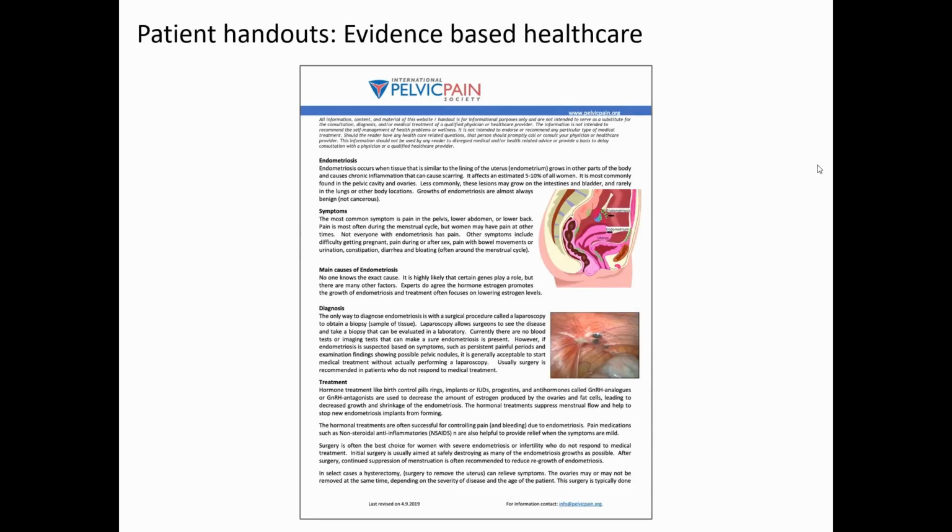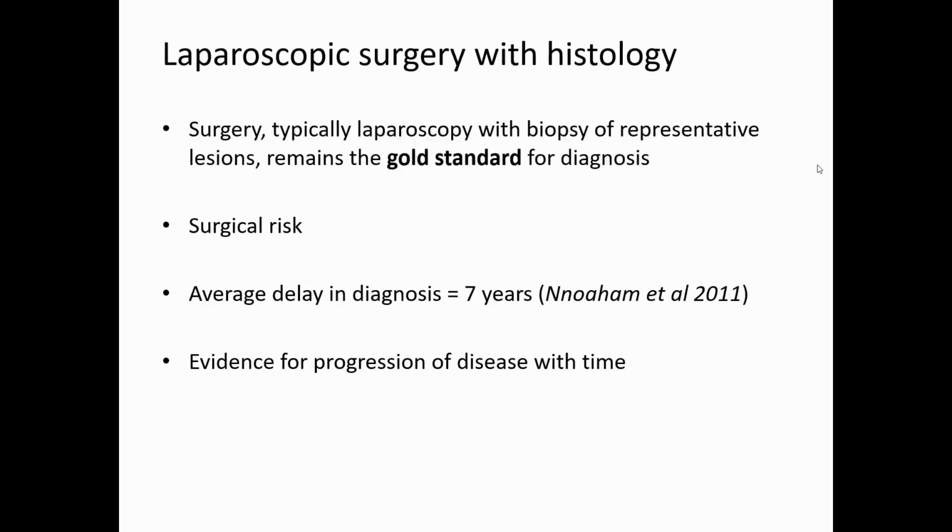This one's specific to endometriosis itself. And then finally, when it comes to the diagnosis and treatment of endometriosis, the gold standard for diagnosis is the finding of endometrial glands and stroma in a biopsied lesion at the time of laparoscopy.